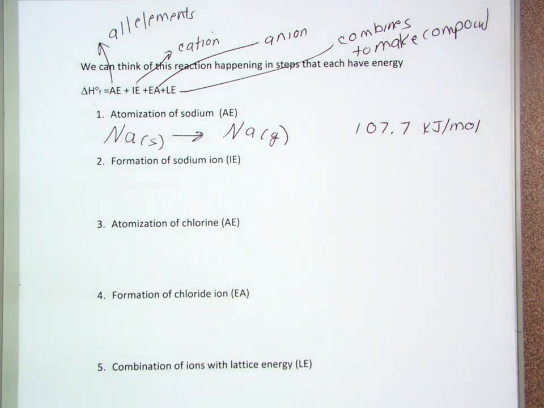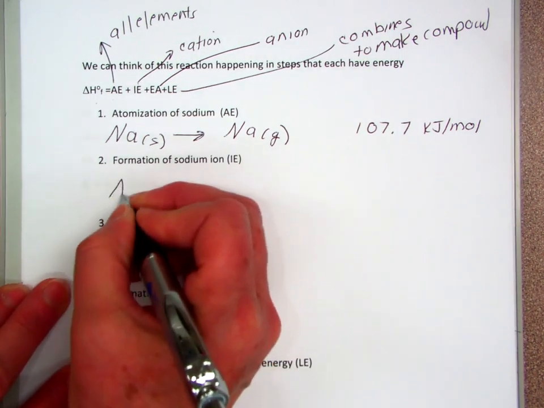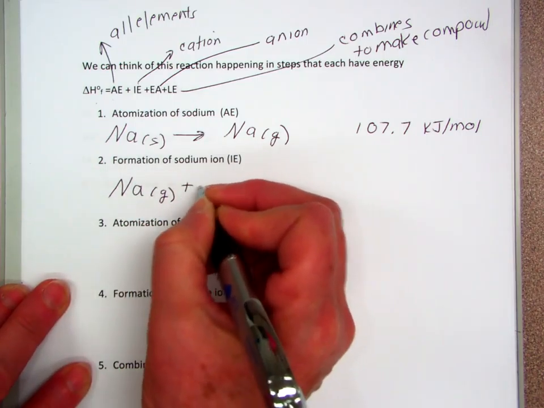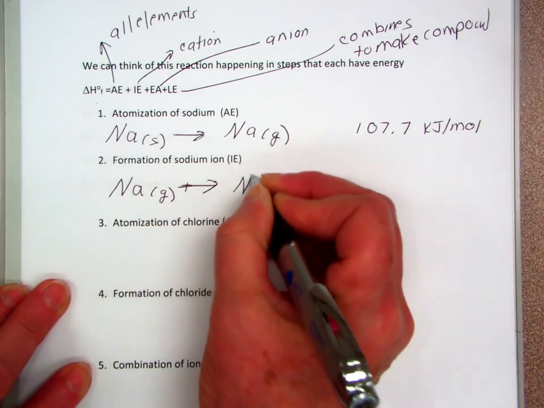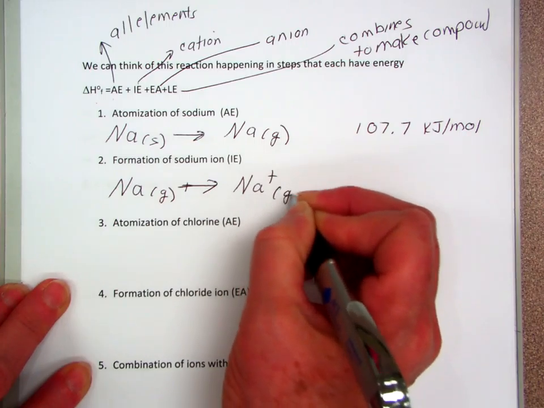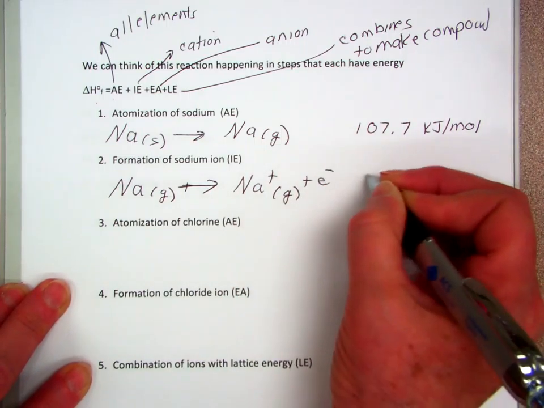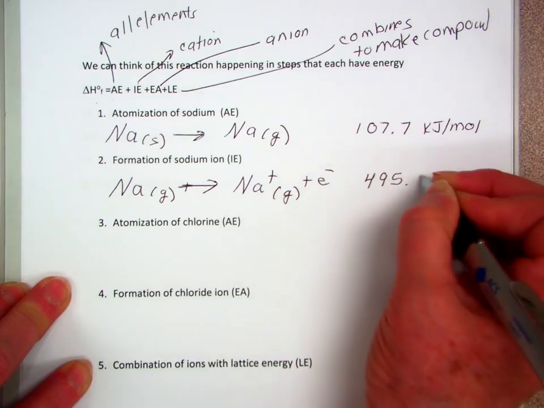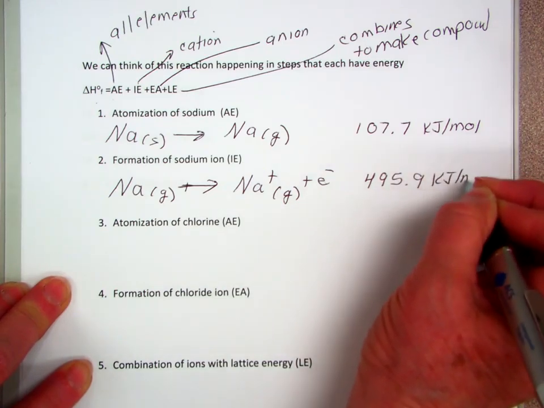Then we have to form the sodium ion. That's the ionization energy. So my gaseous sodium atom can give up an electron to make a sodium ion in the gaseous state plus 1 electron. And that takes energy. It's a positive energy, 495.9 kilojoules per mole.